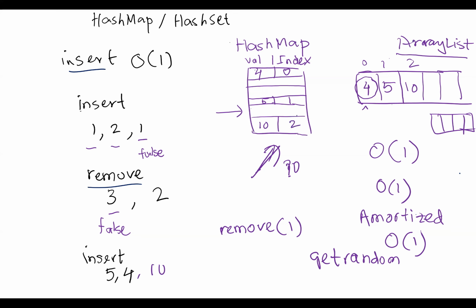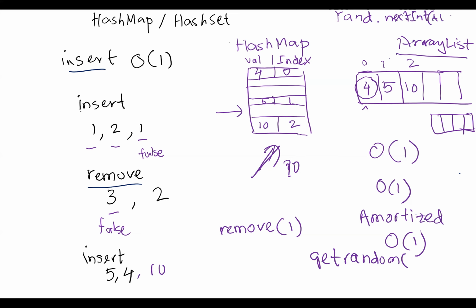Now I call get random. For get random, I have to use a random object. I create a random object, say we call it rand, and then I call the function nextInt and mention the array list size.